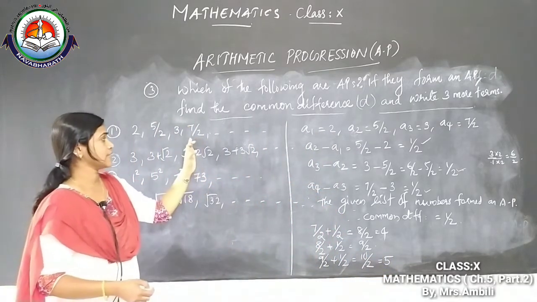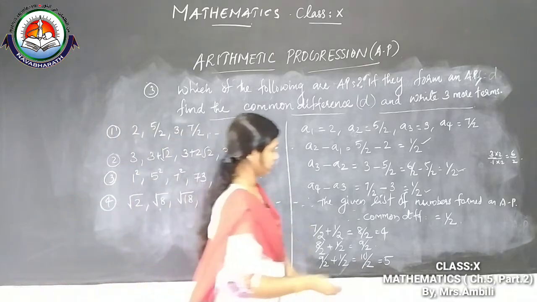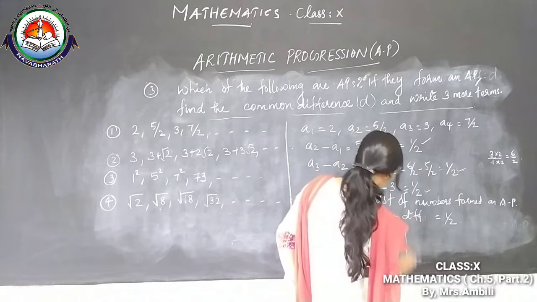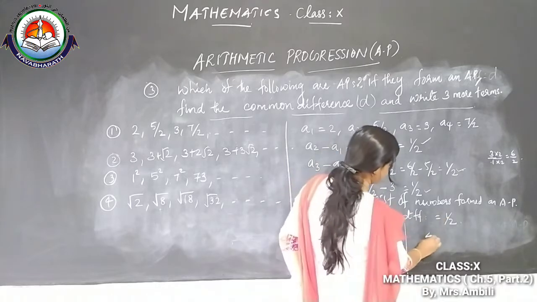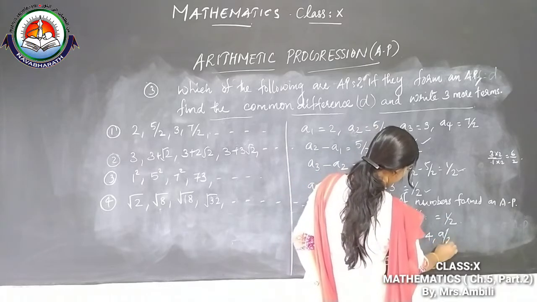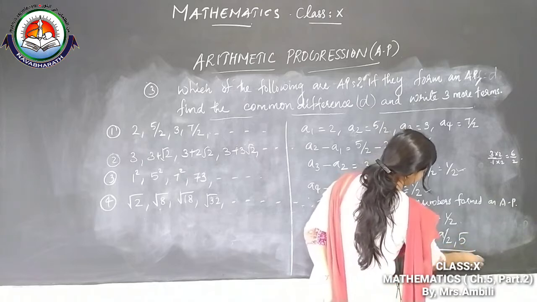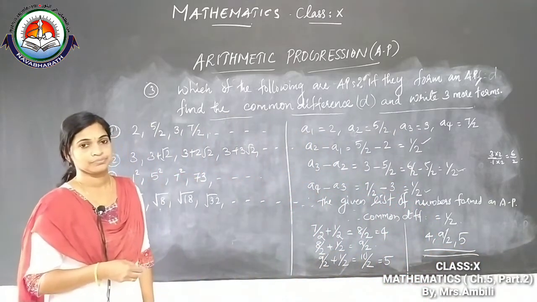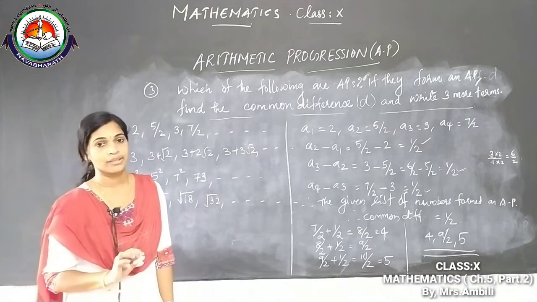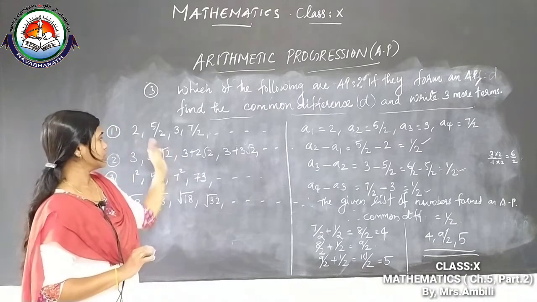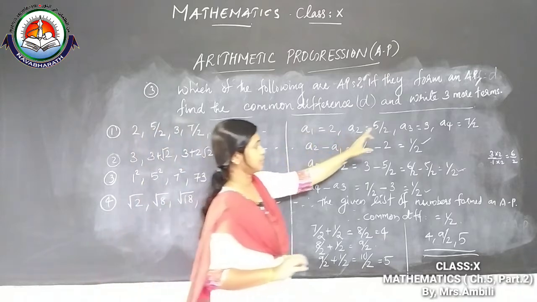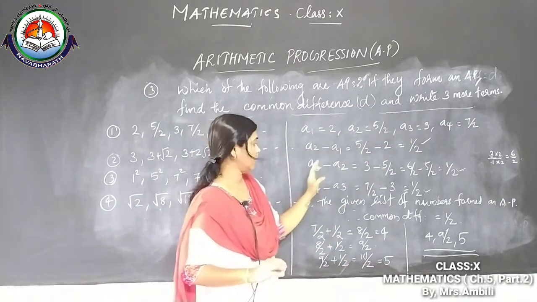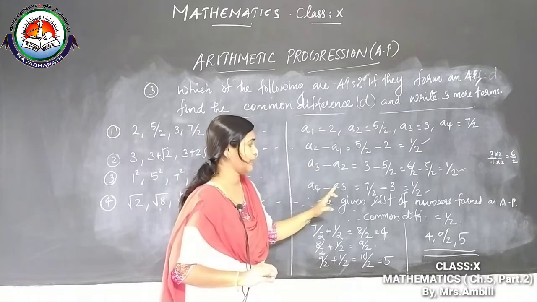Okay. So, after 7 by 2 what are the terms? The next 3 terms are 4, 9 by 2, 5. Okay. Clear? So, first we need to write A1, A2, A3, A4 etc. Then A2 minus A1 and A3 minus A2, A4 minus A3.